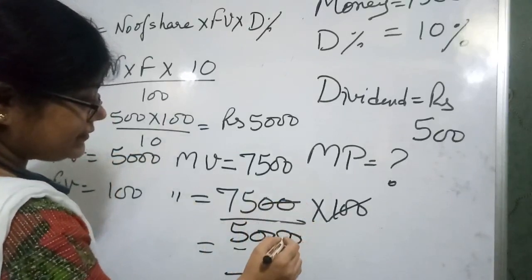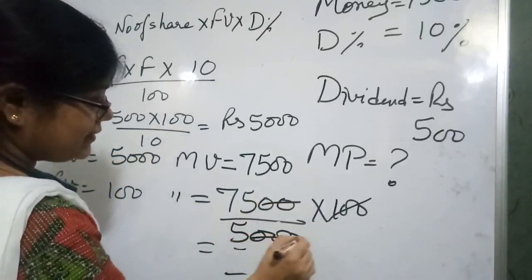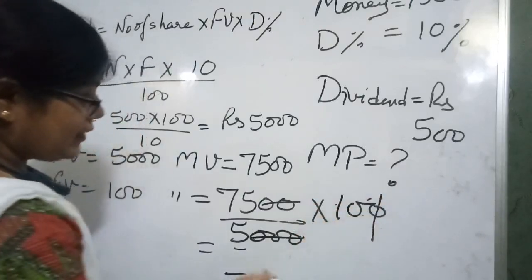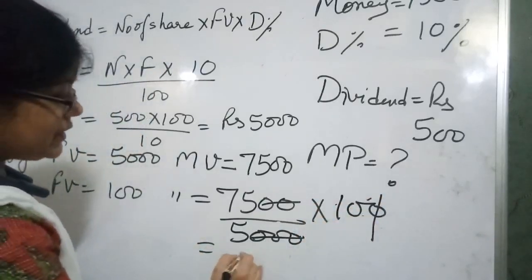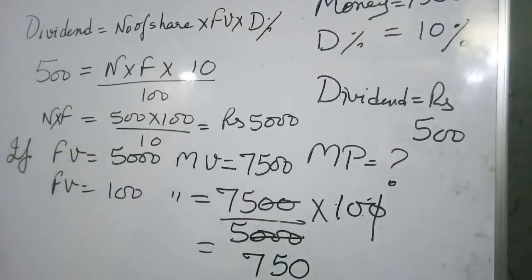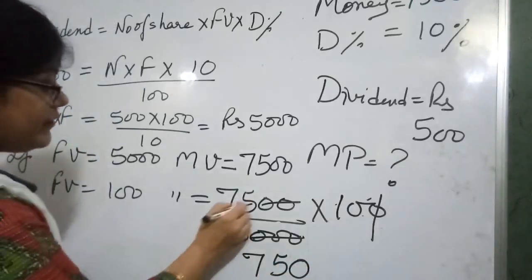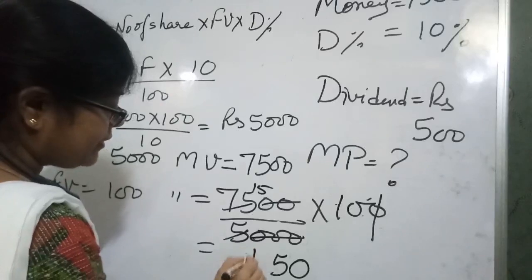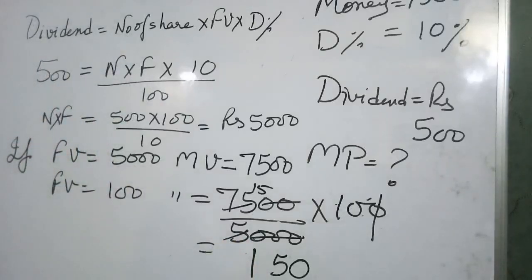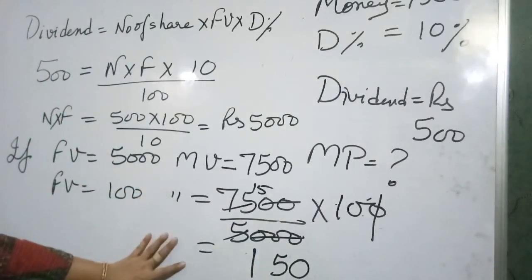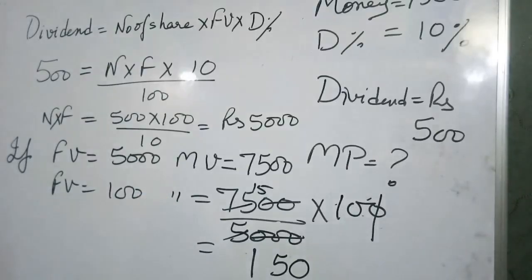So it gets cancelled. We are left with 10. That means 750, and this gives 150. Market price of the share is 150. In this way, you find out the market value of the share.